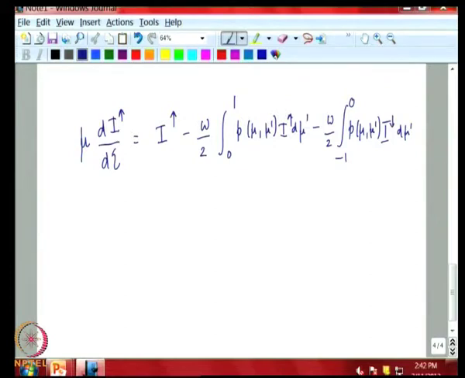And the advantage is, since we are assuming that I up and I down are independent of angle, we are going to take it out of the integration. So, then we are left with a simplified equation.